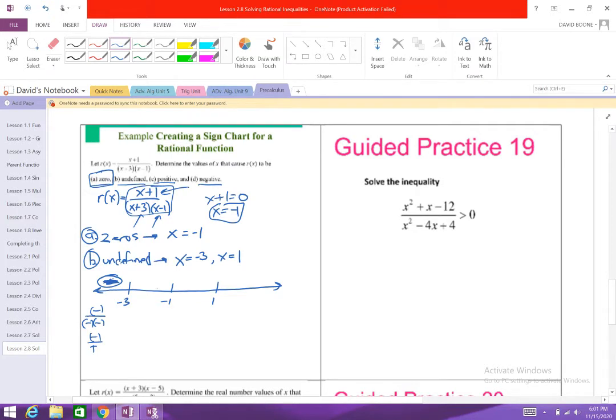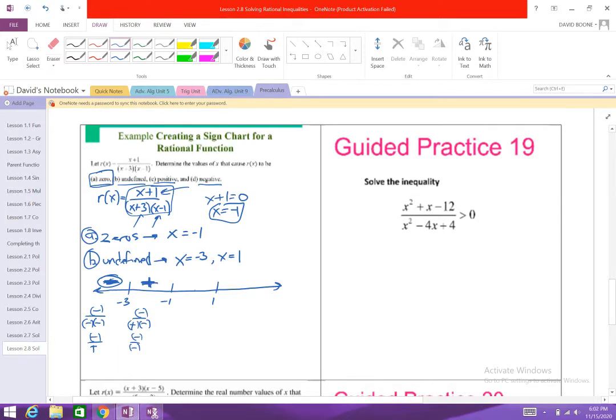Let's take a number between -3 and -1. Let's take -2. If I put -2 in there, -2 plus 1 is a negative number, -2 plus 3 is a positive number, -2 minus 1 is a negative number. So I'd have a negative over a negative, which would make it positive. So everything in this area is positive.